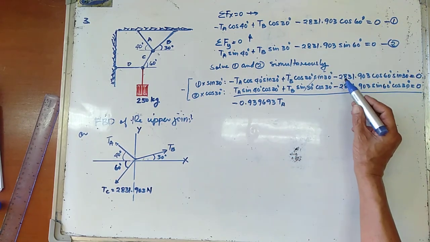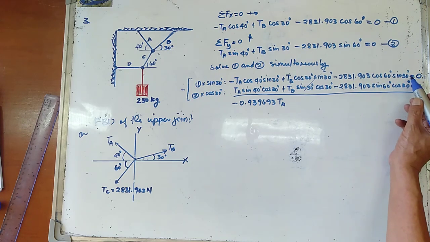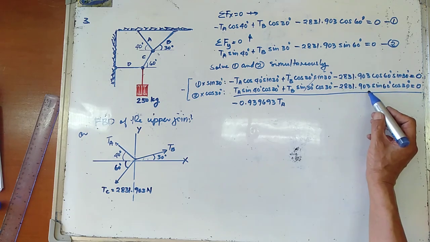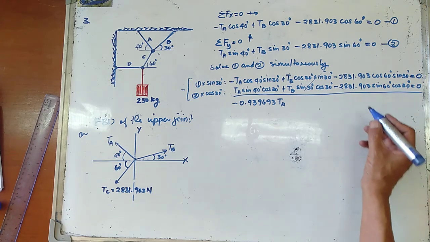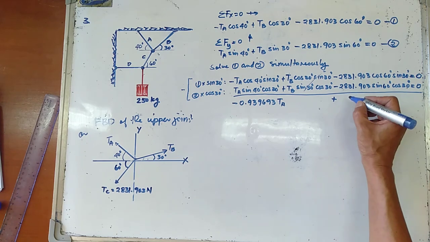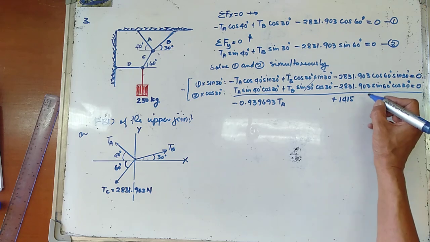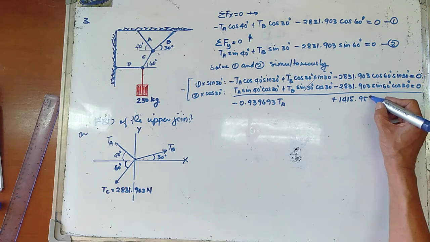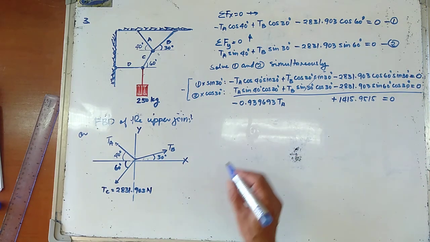And then we now have 2831.903 cosine 60 sine 30 minus, and minus, 2831.903 sine of 60 cosine of 30, and this is equal to positive 1415.9515. So that one is equal to 0.